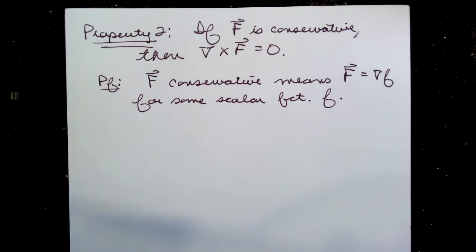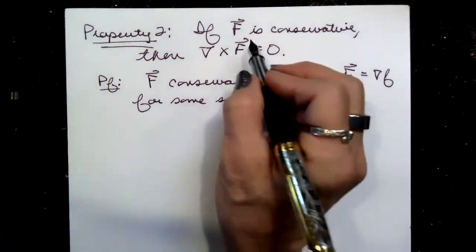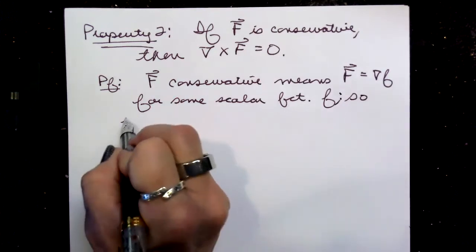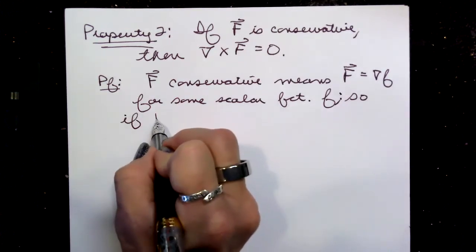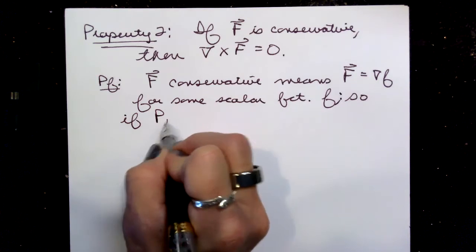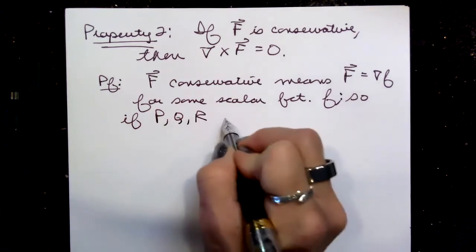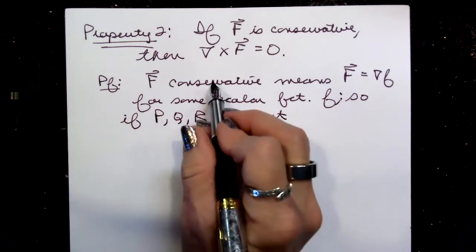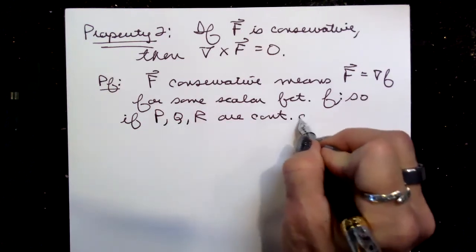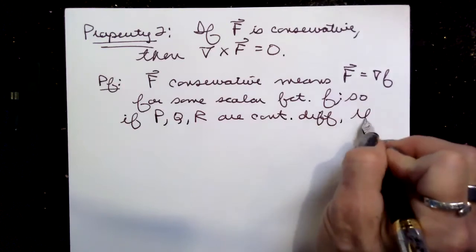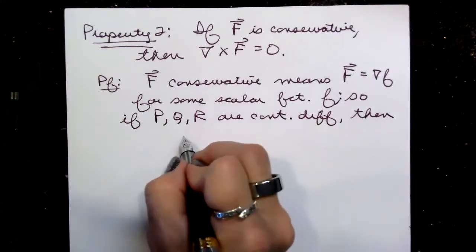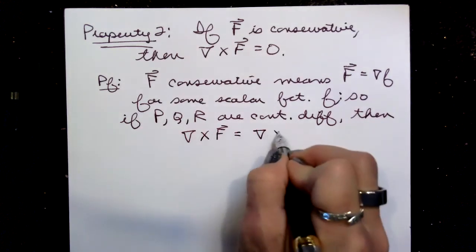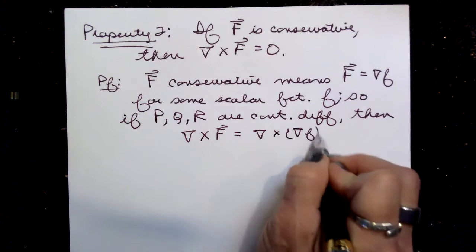And as long as the partial derivatives are continuous, so if P, Q, and R, the components of the vector field F, are continuously differentiable, then this is equal to the curl of the gradient of the little f.